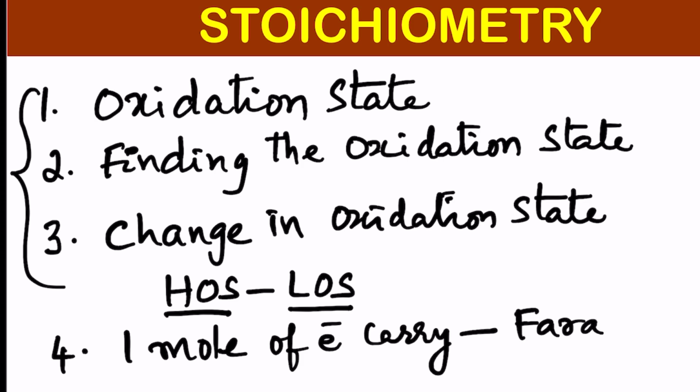That implies 6.023 × 10^23 electrons carry a charge equivalent to 1 Faraday. So if in a reaction 1 mole of electrons is involved, it represents the charge equivalent to 1 Faraday. 2 moles of electrons involved implies 2 Faradays. N moles of electrons involved implies N Faradays.